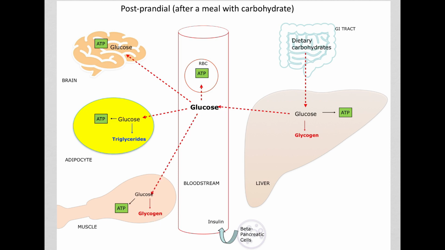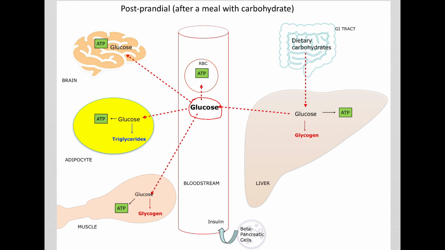So basically what this means is after a diet, there is glucose coming from your diet, and that glucose is sufficient to make everybody happy. Your liver is happy, especially your red blood cells and your brain, because they have enough glucose that they can even share it with the adipocytes as well as the muscles. So after a carbohydrate meal, maintaining blood glucose more than 40 is not a problem at all.